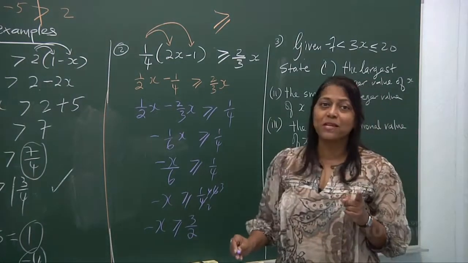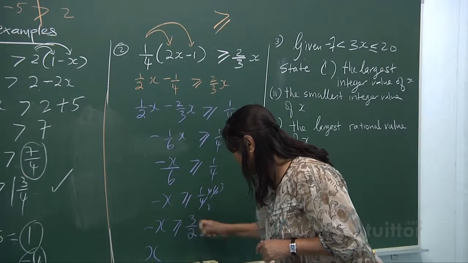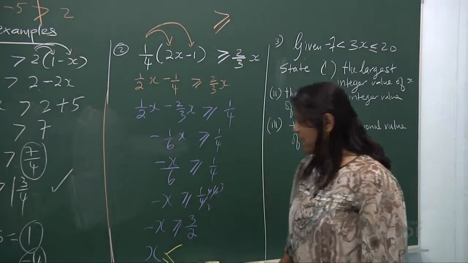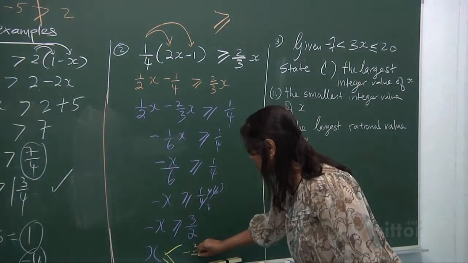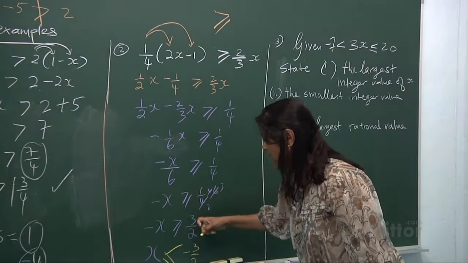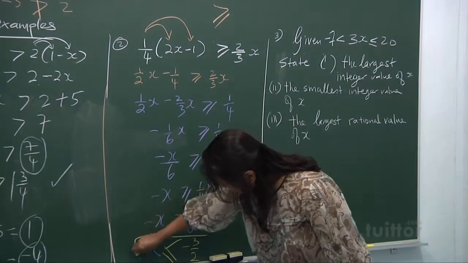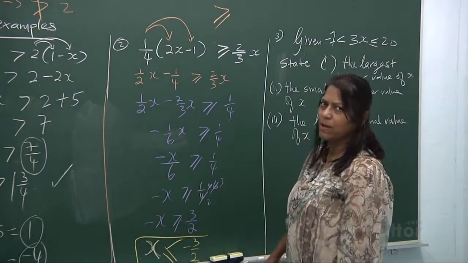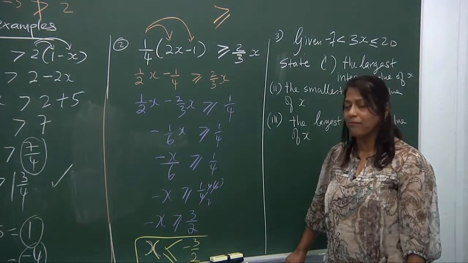When you multiply both sides by minus, the sign will change. Bigger becomes smaller, and you get minus 3/2. In other words, for this answer to exist, your x must be smaller or equal to minus 1.5.